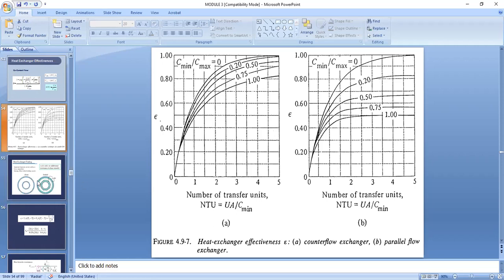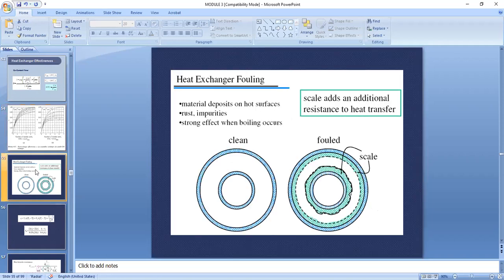Okay. Now in heat exchanger design, we also have to consider what we call heat exchanger fouling. This is caused by material deposits on the hot surfaces, also by the presence of impurities in the feed material itself, or by the formation of rust, especially if there are high velocities.